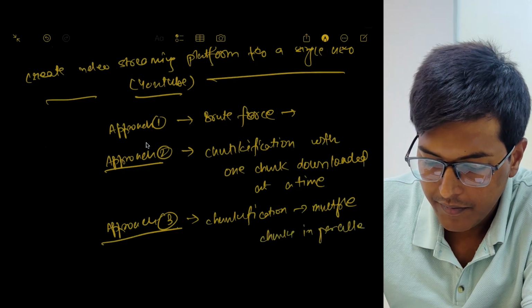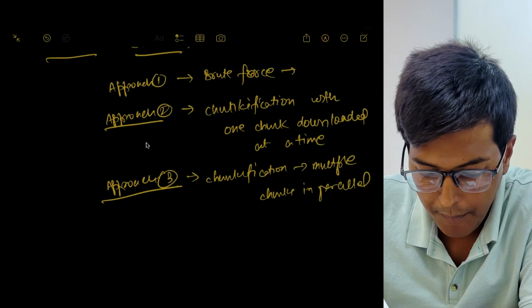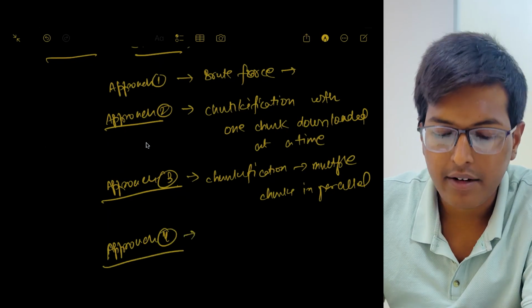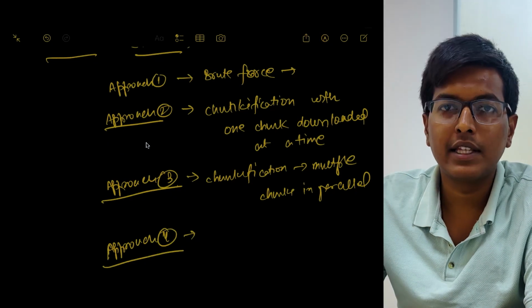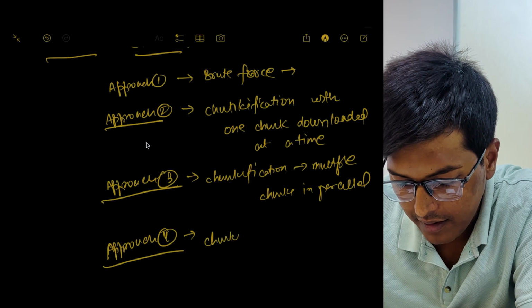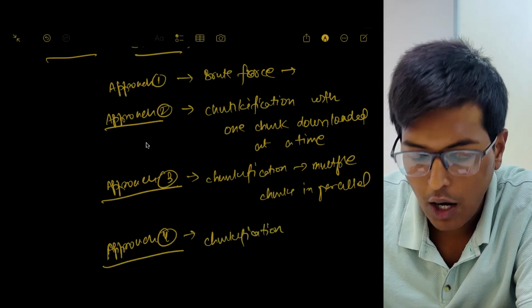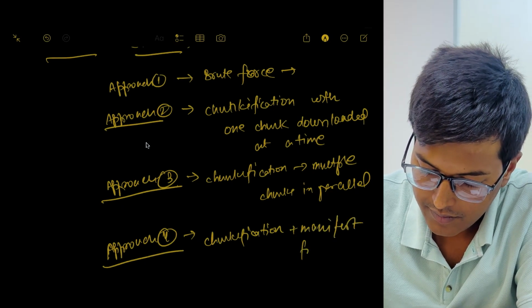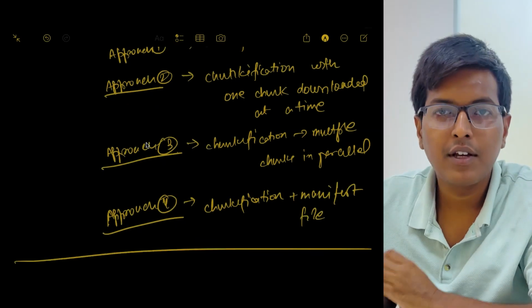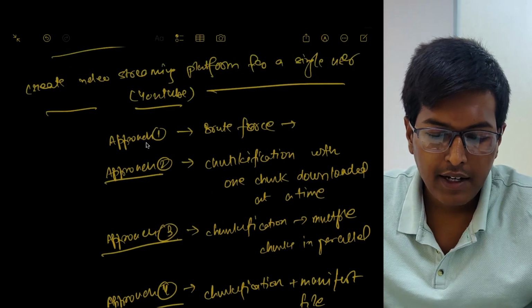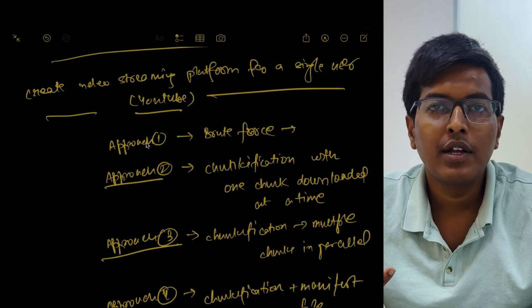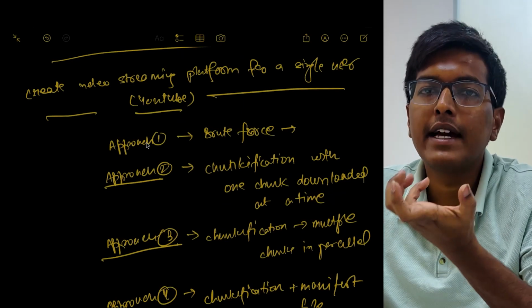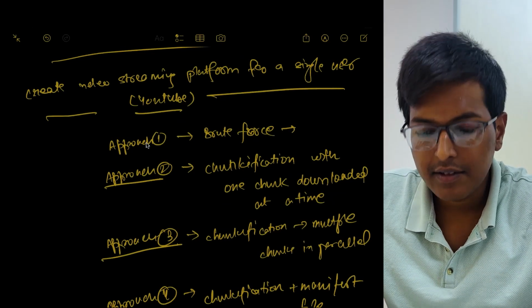And finally, in approach 4, we understood the problem of maintaining order in approach 3, so we did chunkification with parallel download and a manifest file. This final approach makes sure that you are able to stream a video like YouTube. You will create a video streaming platform like YouTube for a single user. Does this make sense? A quick yes.